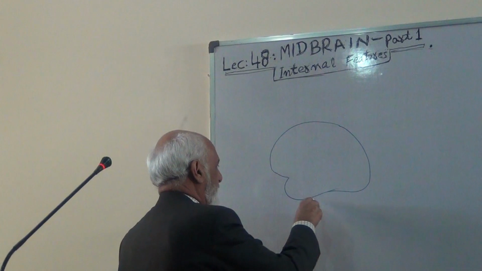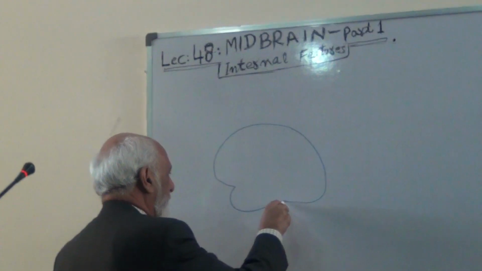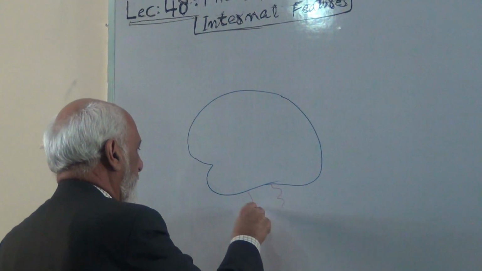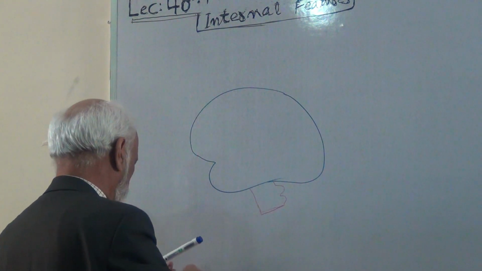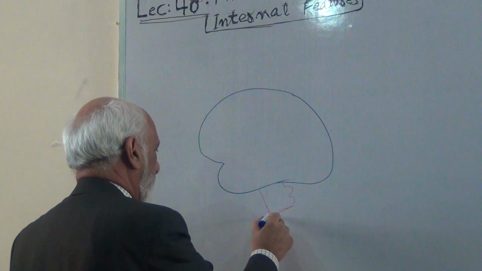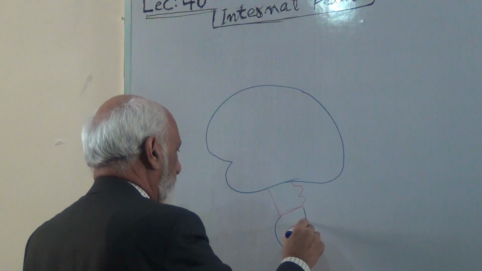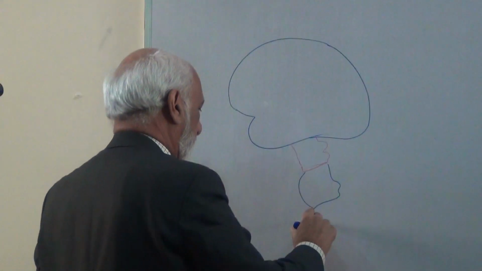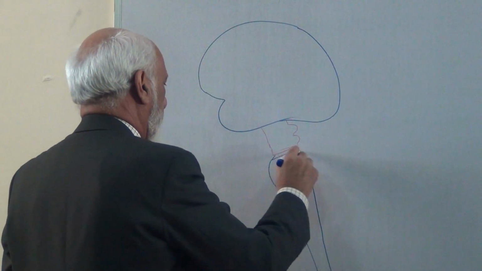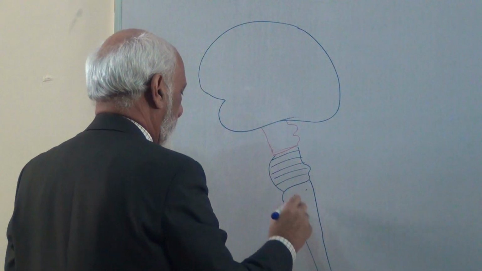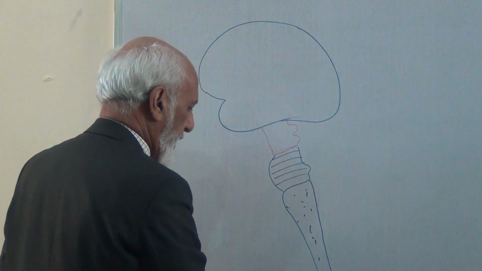Midbrain is the shortest segment of the brain. Below the midbrain is the pons, then medulla oblongata, which is continued downward as spinal cord.